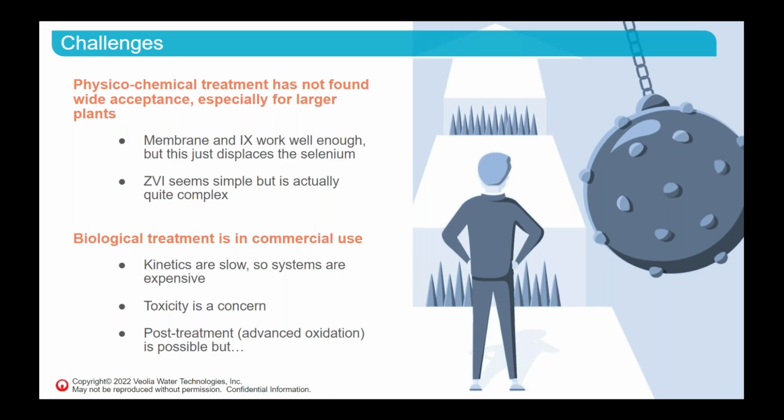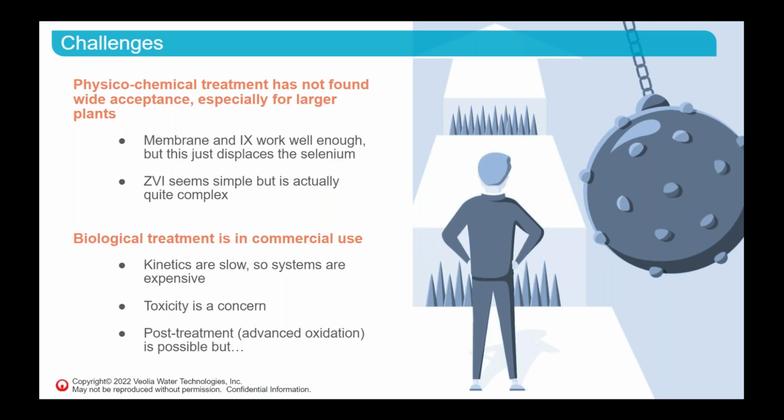The second issue is actually probably even more of a concern: as you are reducing the selenium to elemental selenium, the mechanism by which bacteria do that actually produces a lot of organoselenium species. And those organoselenium species are what is going to be causing the toxicity in the water.